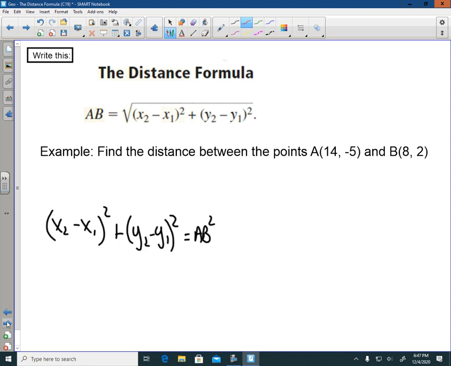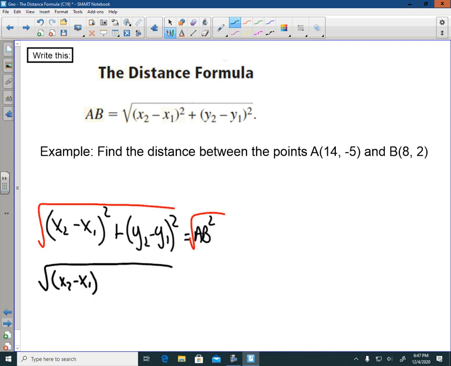So if I took the square root of this side and the square root of this side, doing the same thing to both sides, what I'd have is the square root of x2 minus x1 squared plus y2 minus y1 squared equals the square root of AB squared, which is just AB.